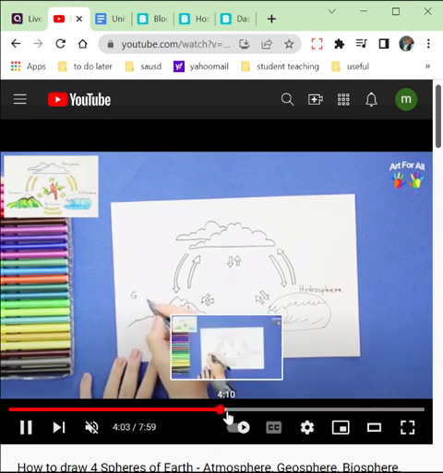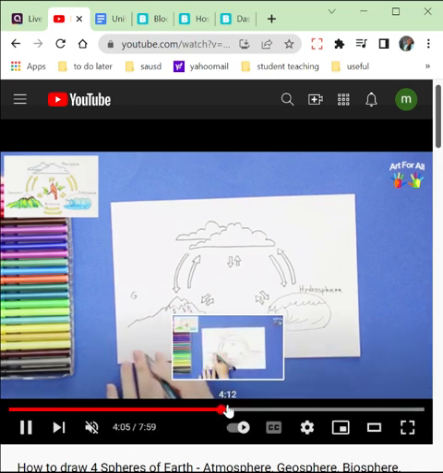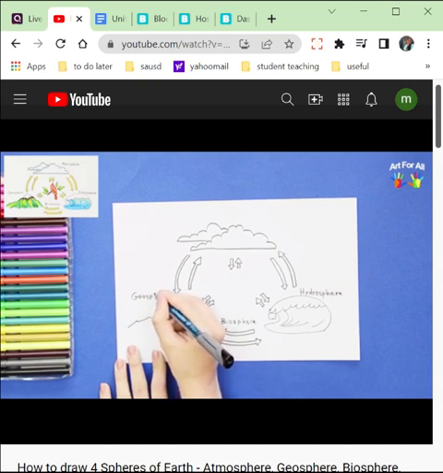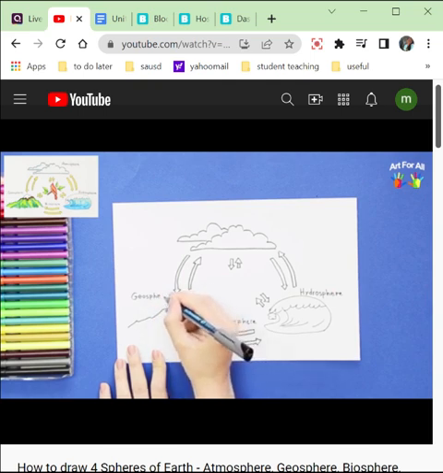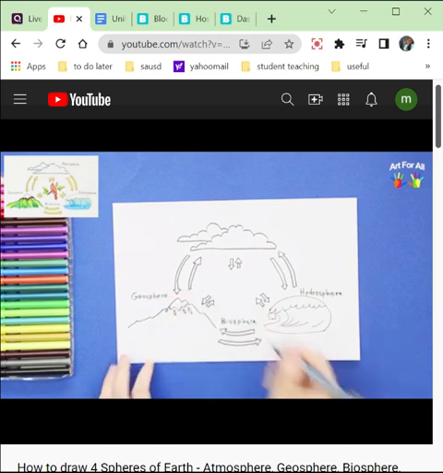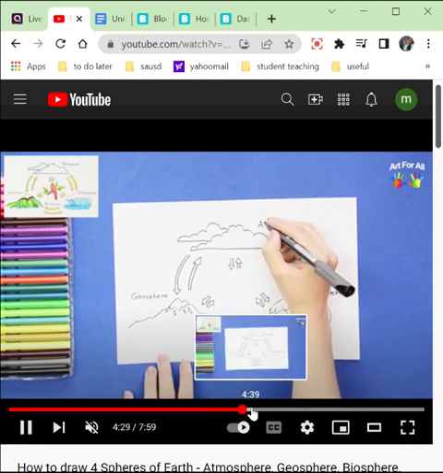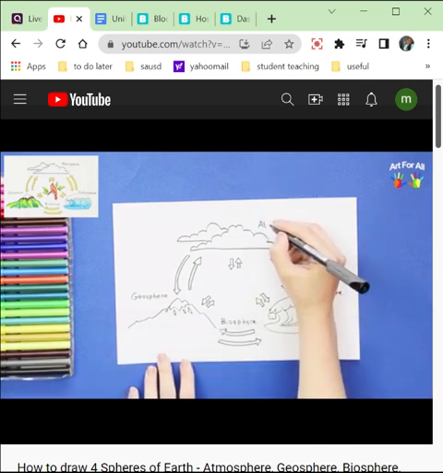Then over here, this geosphere. And then up here, the atmosphere.